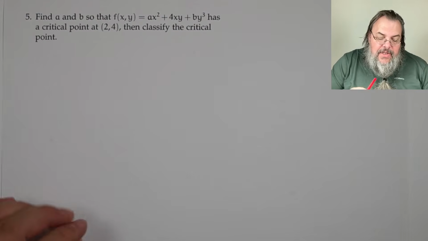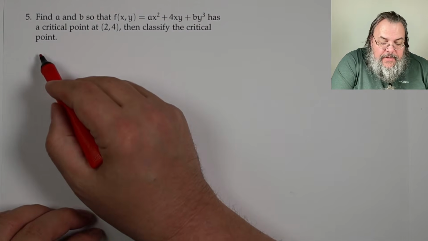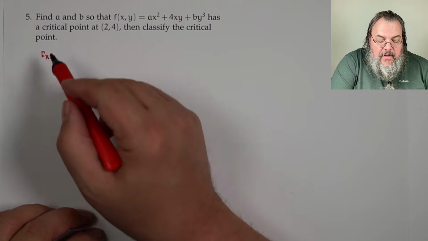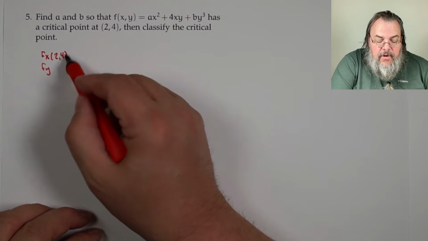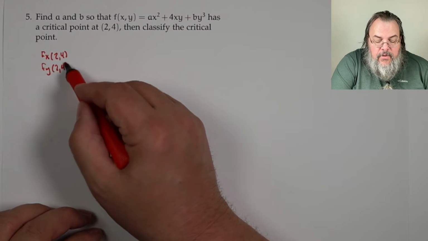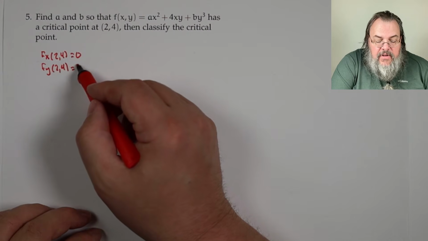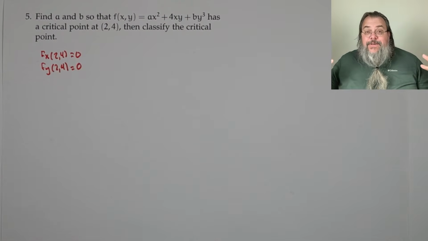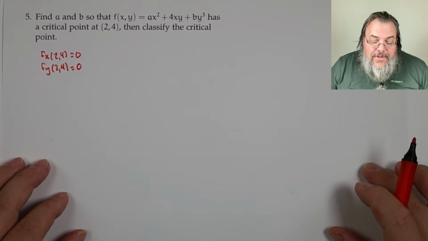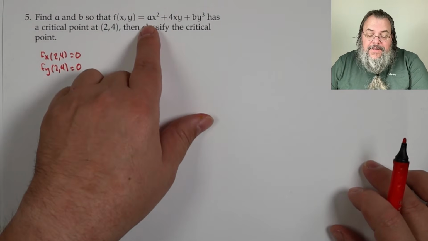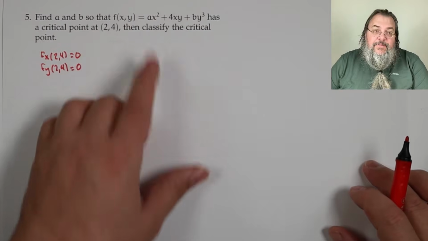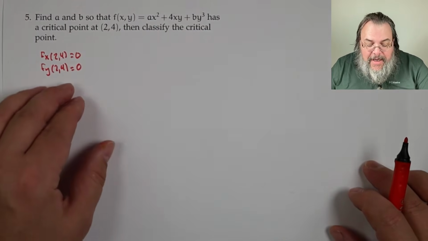It says that if we take our f sub x and f sub y and we plug in (2, 4), what needs to be true? Well, we're going to have to get out 0 because that's the only way we can get a critical point at (2, 4). There's no problems with this being an undefined derivative anywhere because it's polynomial. There's no boundary. So it has to be that.